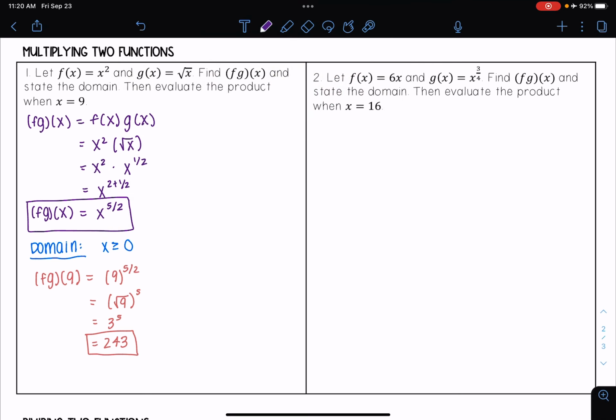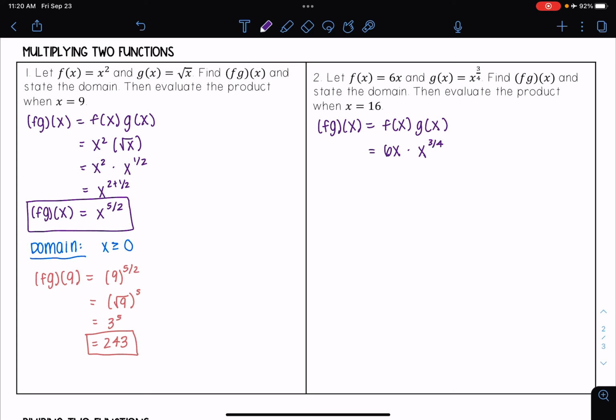Okay, let's look at one more. So I want to find fg of x. I know that's the same thing as f of x times g of x. And so here f of x is 6x, so I have 6x times g of x, which is x raised to the 3/4 power. And so here I'm going to do that same property that we did in number 1.